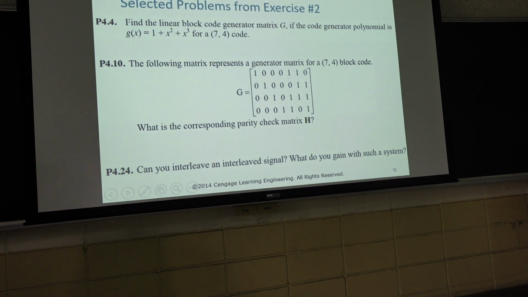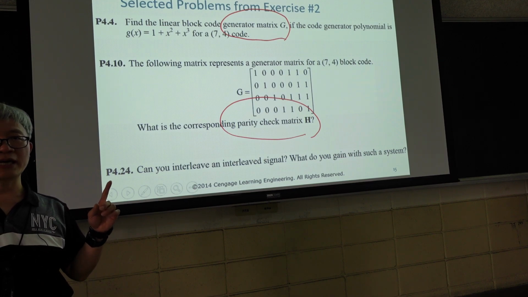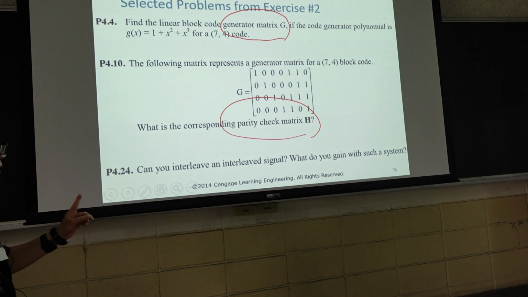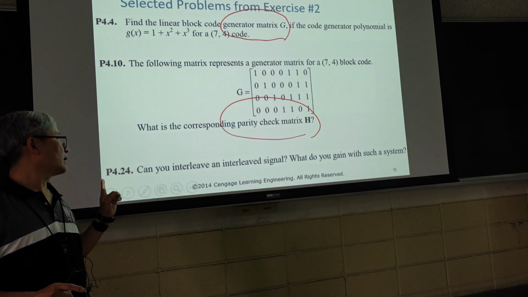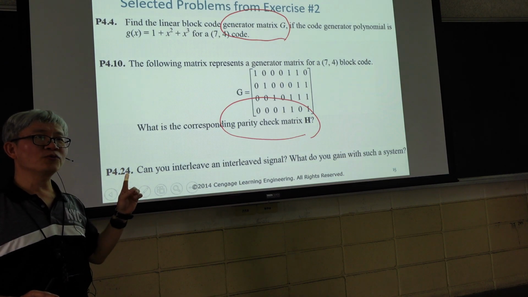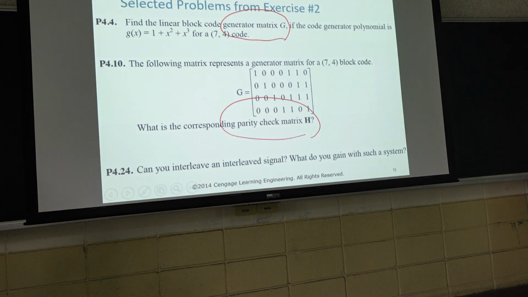For the first one, we give you the information and ask you to check the generator matrix G. The second one asks you to check the parity check matrix H. Remember about the review, I didn't cover how to calculate G and how to calculate H, and also I didn't cover how interleaving works. But the current problem asks you, can you interleave an interleaved signal? All right, why? You should have your own reason.